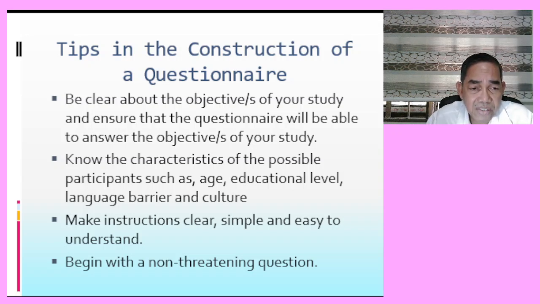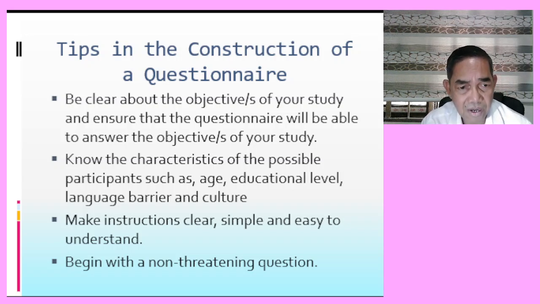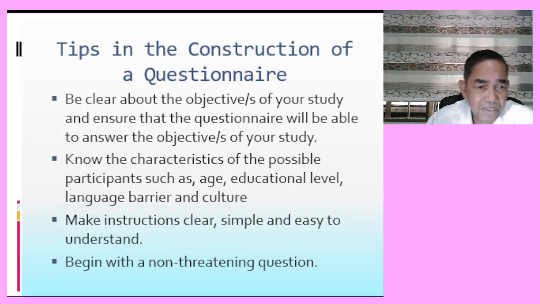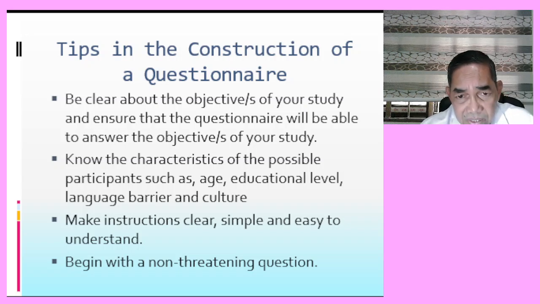Know the characteristics of the possible participants, such as the age, educational level, language barrier, and culture, so that when you formulate your questionnaire, they will be suitable for these particular participants. Make instructions that are clear, simple, and easy to understand.